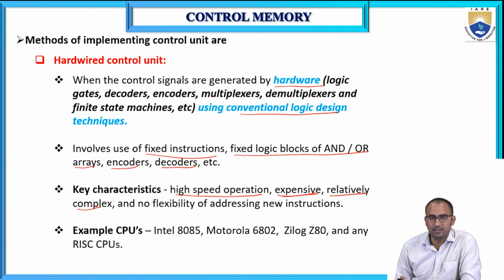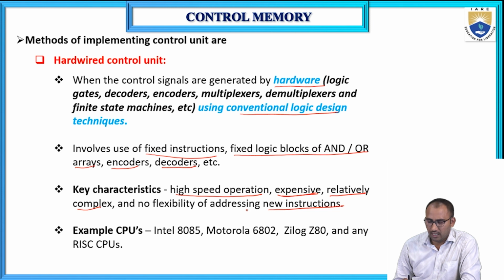If you are designing a control unit, it requires more logic gates, encoders, decoders, multiplexers, and demultiplexers. Also, if you want to modify any instruction, you need to change the connections between the logic gates or encoders, decoders. So it is relatively complex, with no flexibility for addressing new instructions.